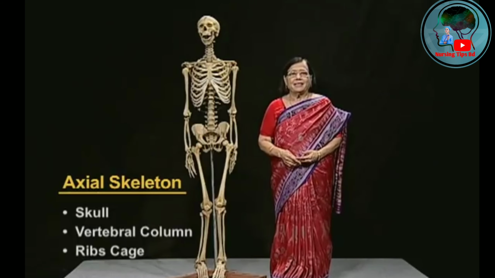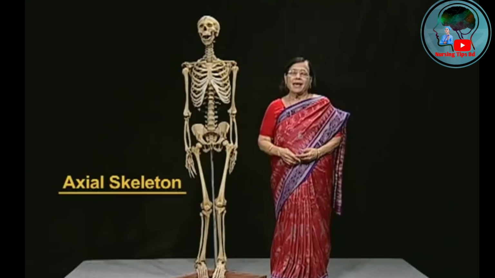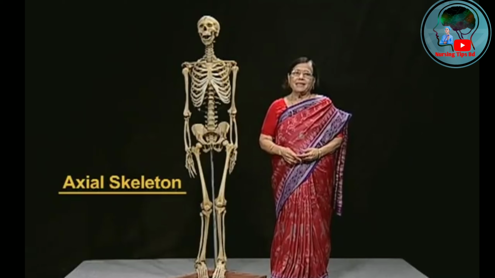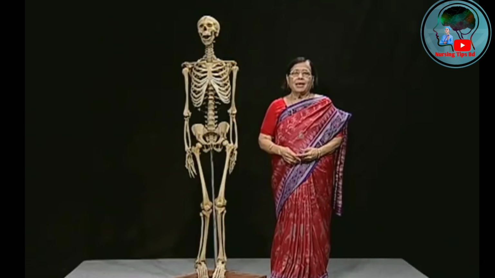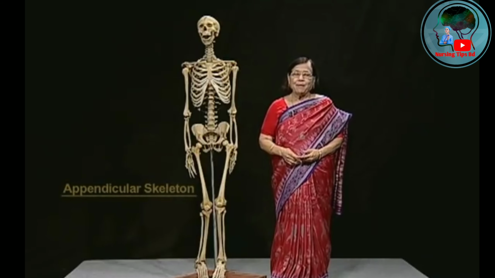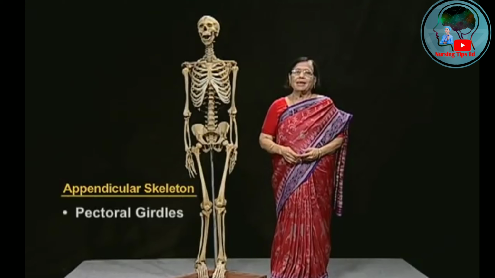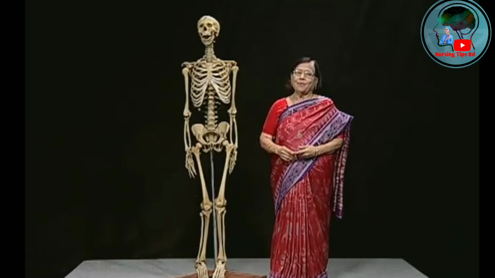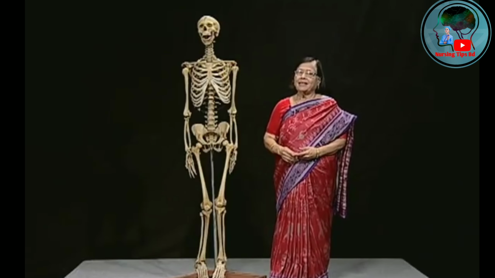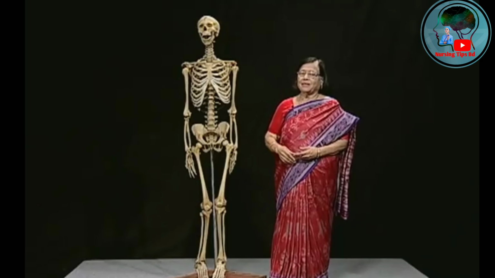As the name indicates, axial means axis, it makes the axis of the body, and that is our head, our chest and the vertebral column. The other division is appendicular skeleton, which includes pectoral girdle, pelvic girdle, hind limb and forelimb. Let me start explaining the bones in this skeleton, starting with the head, which is part of axial skeleton.